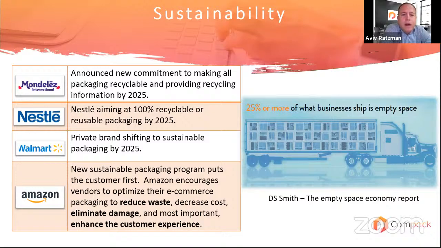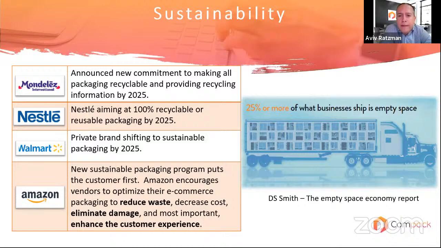The same for Amazon, which is doing it for themselves, but is also pushing the brand owners to improve if they would like to work with them. So Amazon creates regulations like frustration-free packaging and others in order to improve sustainability and enhance the consumer experience.